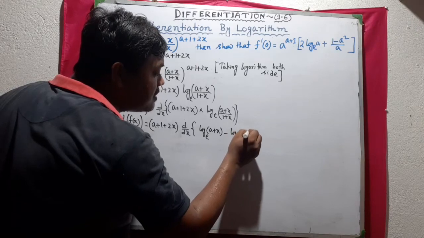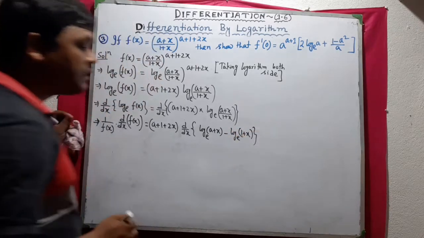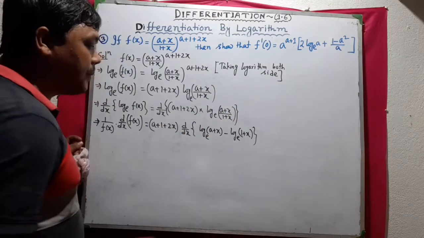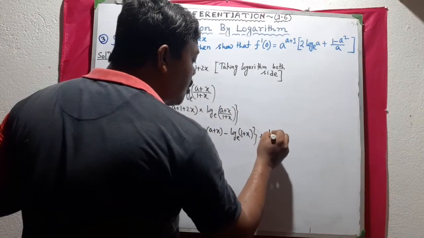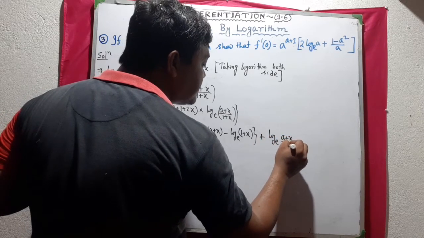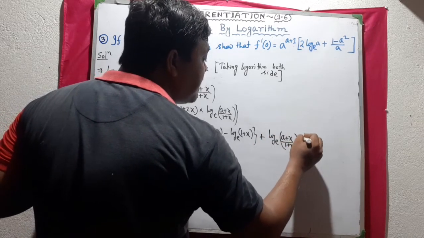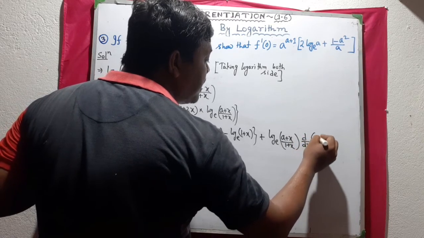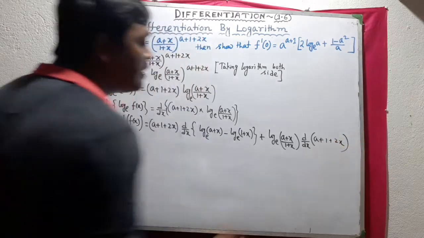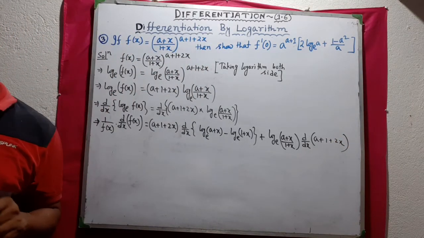Okay, just I use this property here. Clear? d/dx of this part I broke up and wrote, plus v into log base e of (a plus x) by (1 plus x) d/dx of (a plus 1 plus 2x). Am I right? Up to this point it is clear to you?